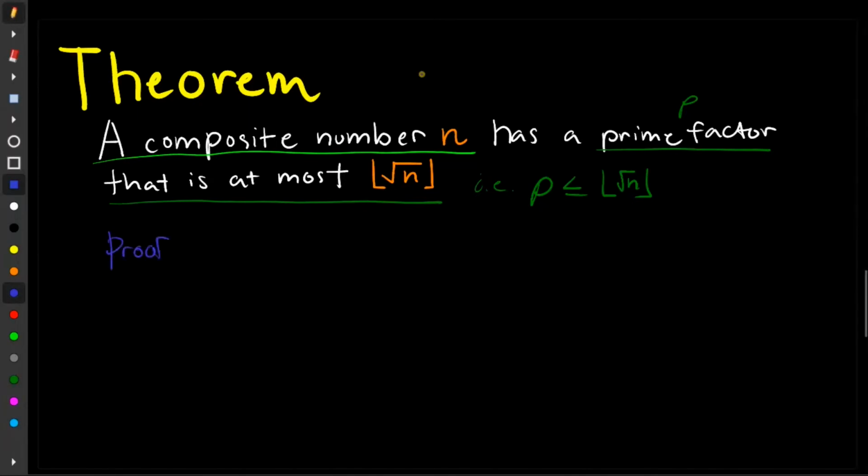Proof. First, suppose that n is a composite number.